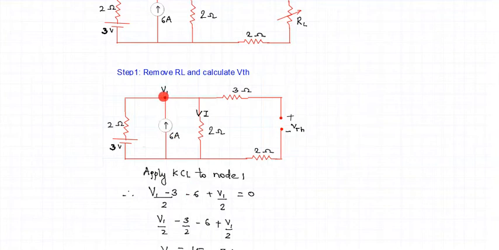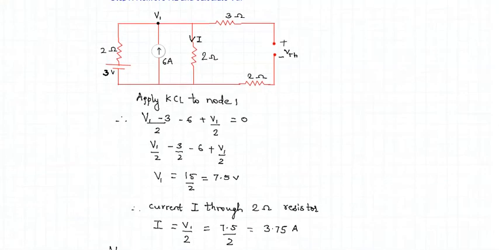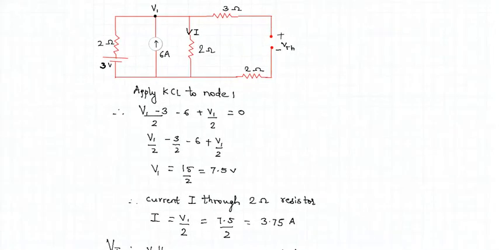So minus 6, and when we come to the third branch, it is V1 by 2. So the unknown variable is V1. Simplifying the equation, we get V1 to be 7.5 volts.